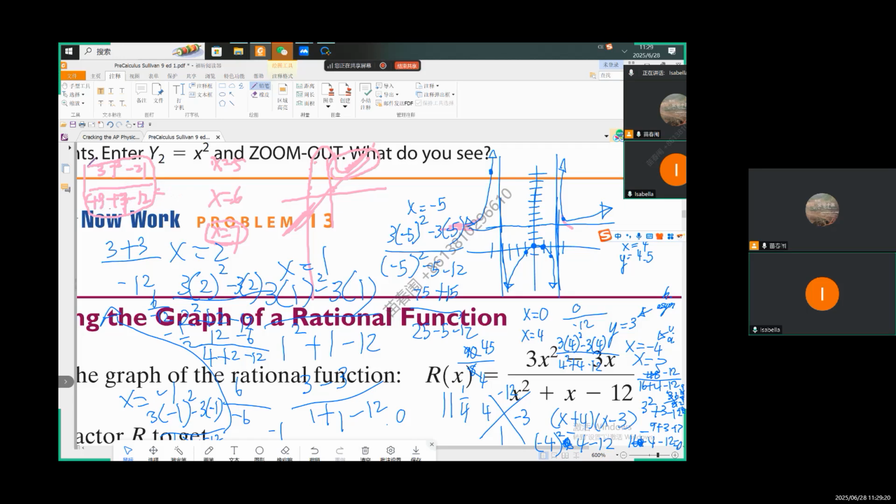Give me a second. I'm putting parentheses around everything. 48, I can't read that very well. Yeah, 49, because that's 49 plus 7 minus 12. Okay.